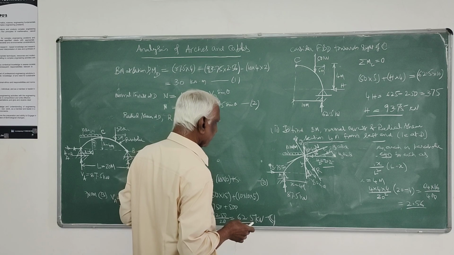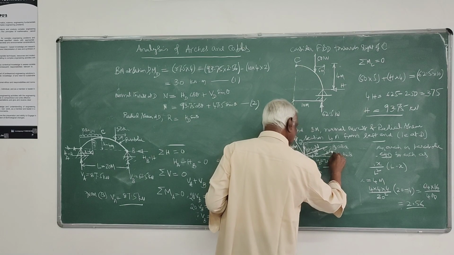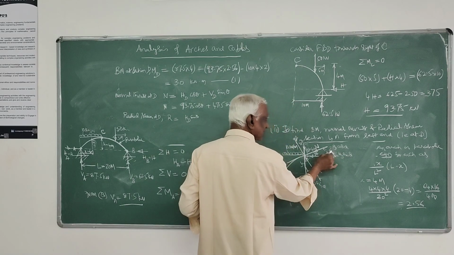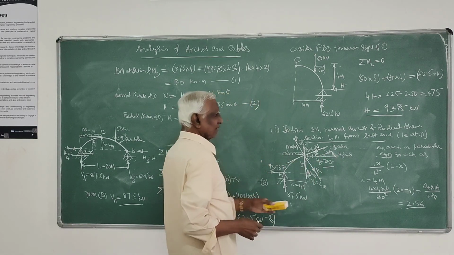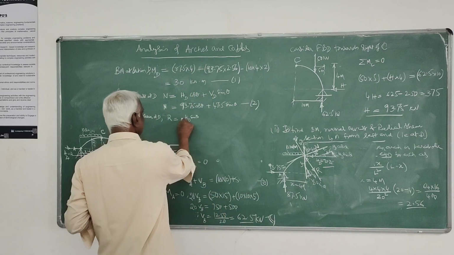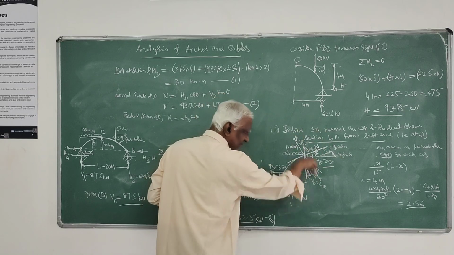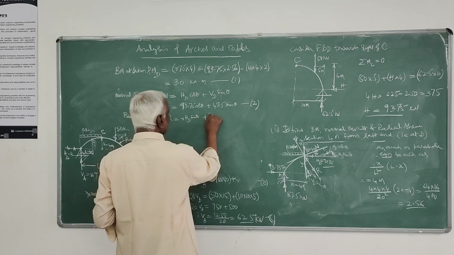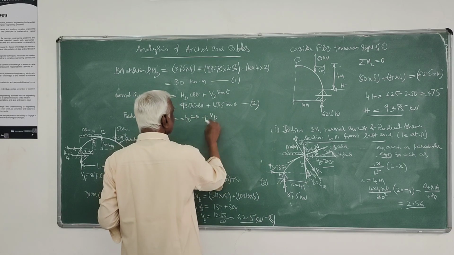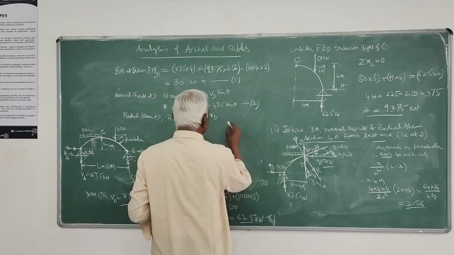Is it positive or negative? Both are in the same direction? No, this has to be like this. See, this plus this is equal to this. Hd sin theta is minus, because it is in the opposite direction. Then Vd cos theta is in the same direction.